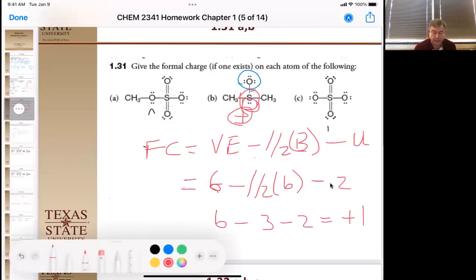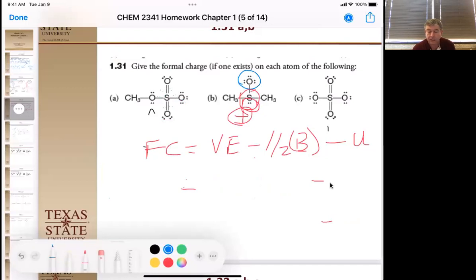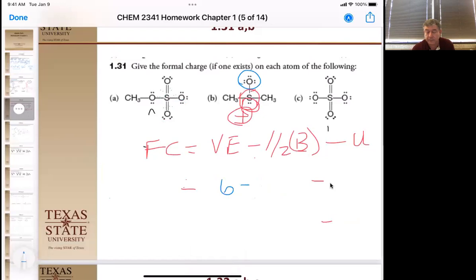Now let's figure out what's happening with the oxygen. We're going to do that same calculation. Oxygen is in group 6A also, so it's got 6 minus 1/2 of the bonding electrons. It only has 1 bond, so that's 2 electrons, minus the unpaired electrons, and it has 3 lone pairs for a total of 6.